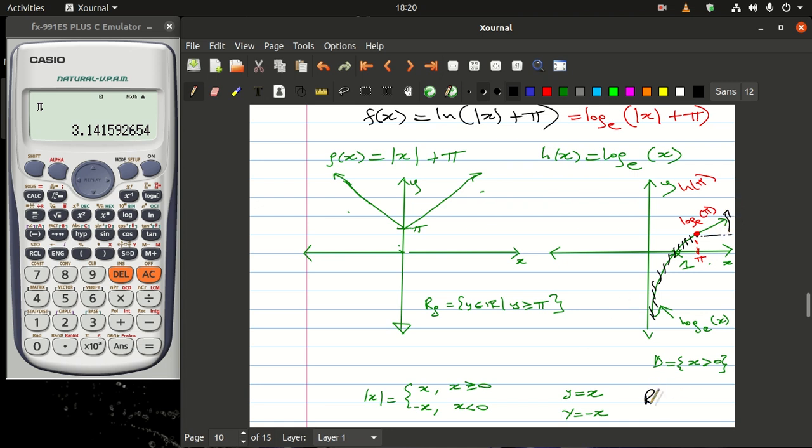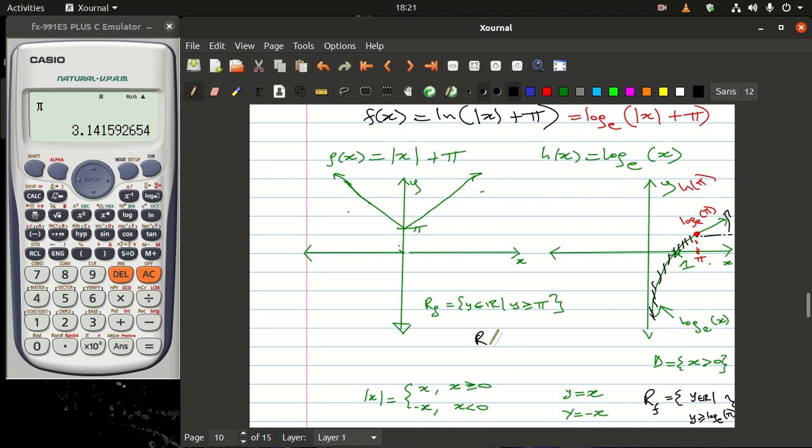So the range that we're looking for of f is supposed to be y is an element of real numbers such that y is bigger than or equal to log e of pi. That's the range. Let me write it here.